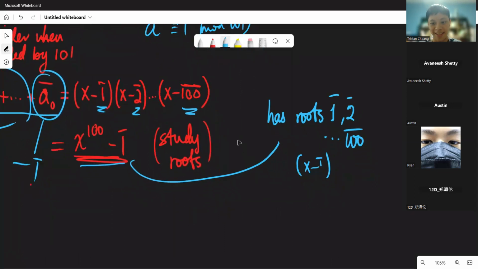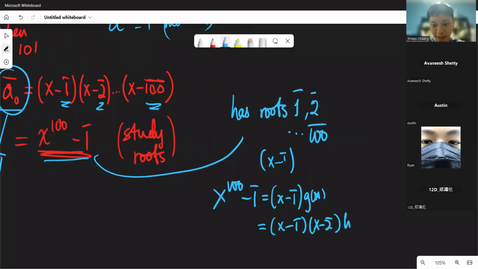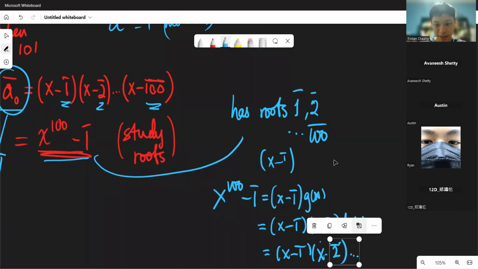Does that make sense? Like, okay, x to the 100 minus 1 equals x minus 1 times something. Because 1 is a root, but then 2 is also a root. So I can factor x minus 2 from it. But I keep factoring until I get x minus 1, x minus 2, and then until x minus 100 times some polynomial.